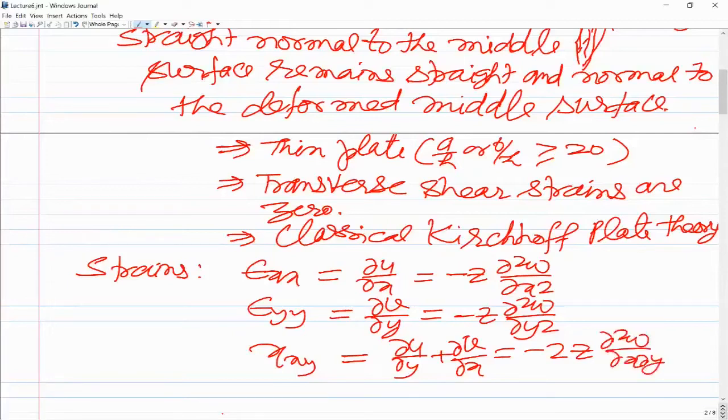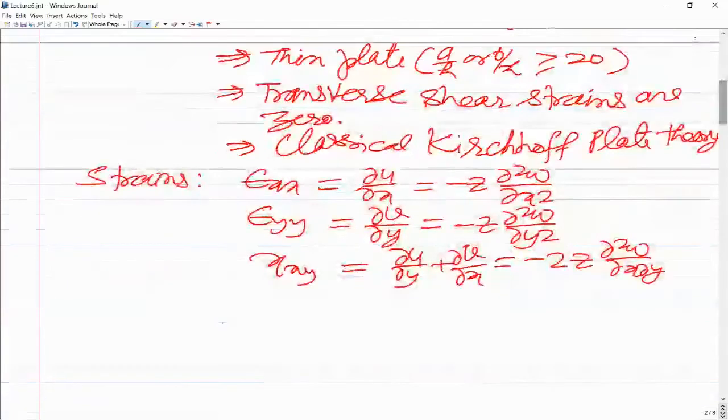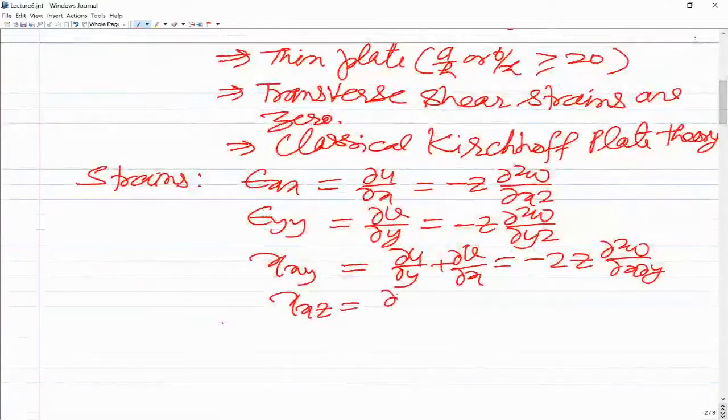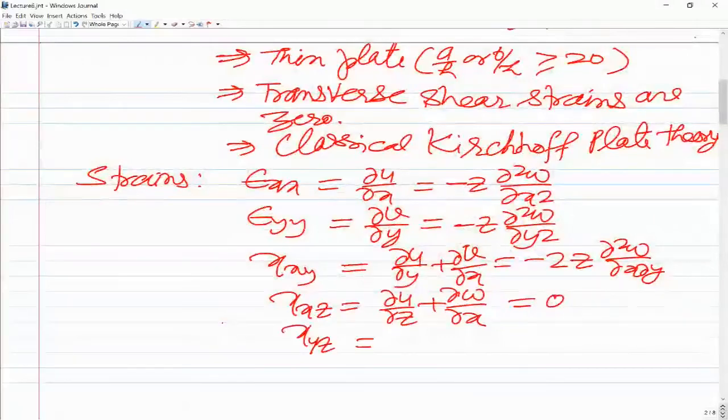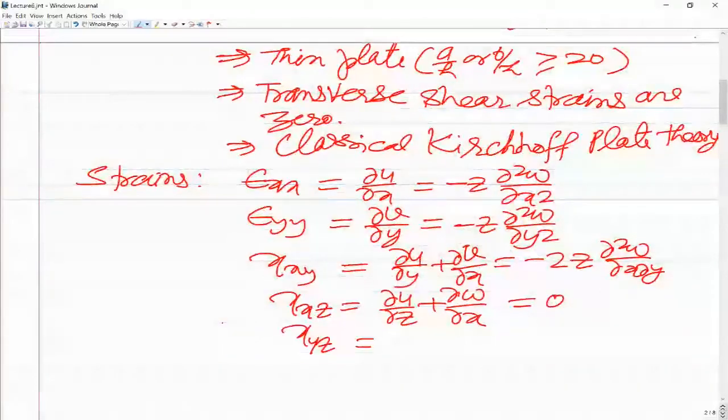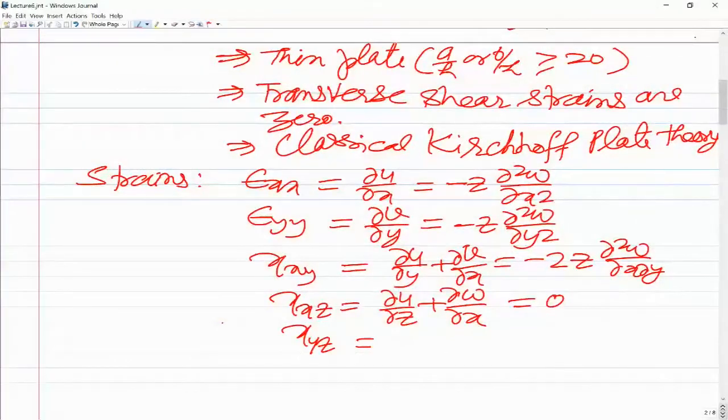And if you look at the transverse shear strains, gamma xz is del u by del z plus del w by del x, and now u is minus z into del w by del x, so its derivative with respect to z would become minus del w by del x, so this is 0. Similarly, gamma xz is the change in angle between a line element parallel to x and z, and gamma yz is the change in angle between a line element parallel to y and z.